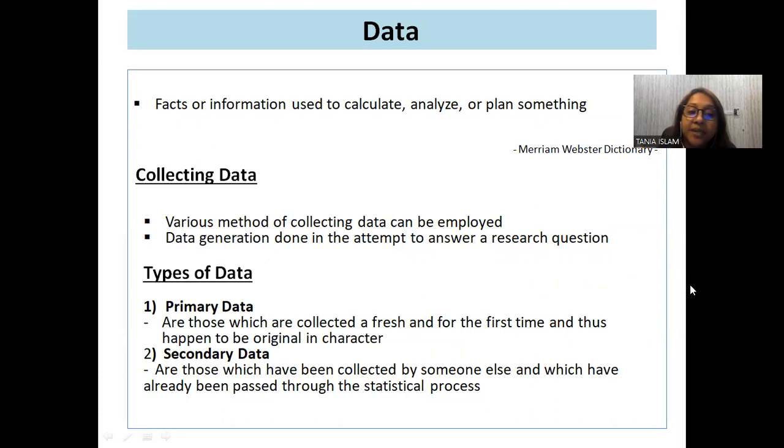That one is the primary data, the original data you got. But sometimes we retrieve the data, or for our study purpose, you took the previous 10 years' information from, suppose, the cancer registry or any information center, and then you use it. That one is called secondary data.